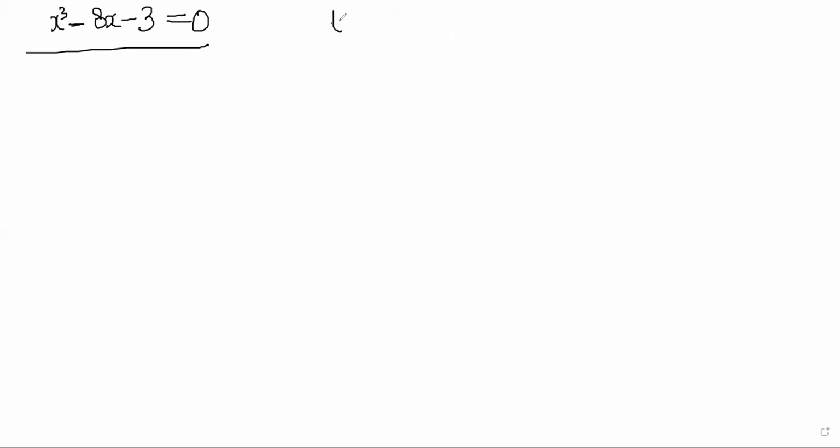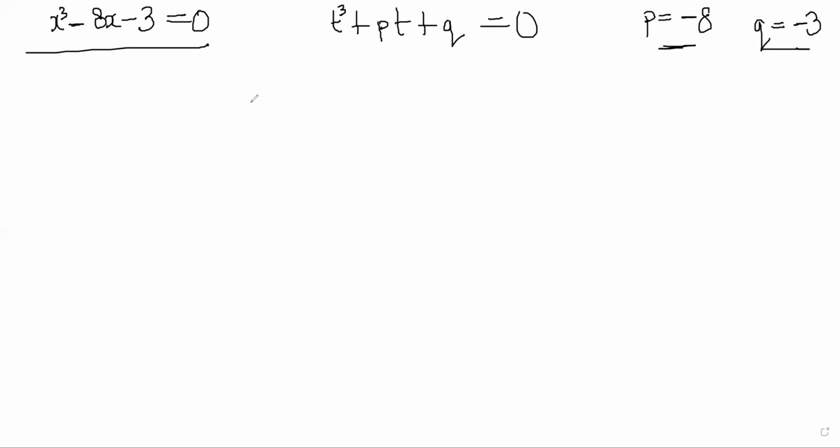It is already looking like t cube plus pt plus q is equal to 0. We have p is equal to minus 8 and q is equal to basically minus 3, right? Okay, great. So whenever we have this situation, Cardano said that you have to find u and v, right? U and v.